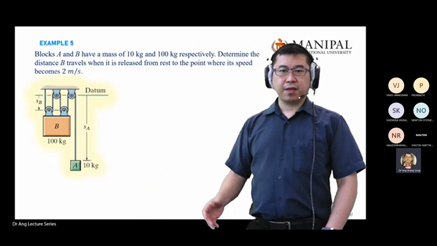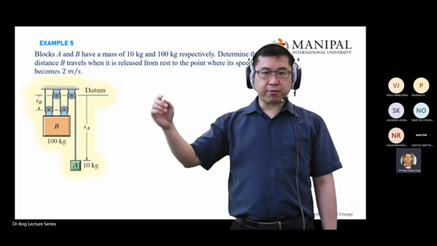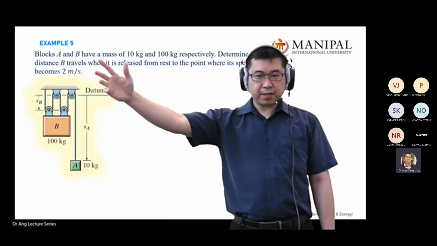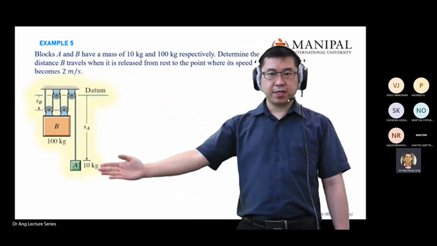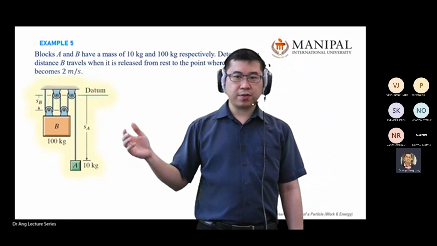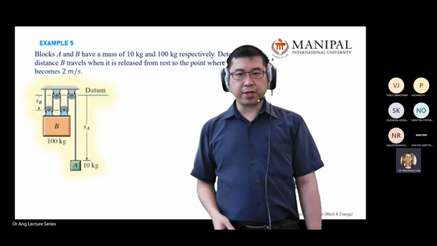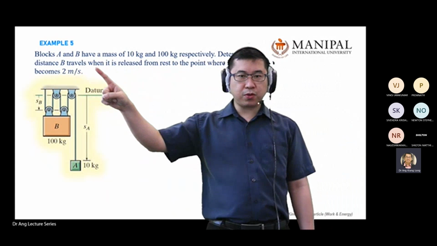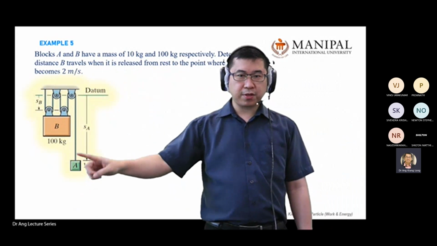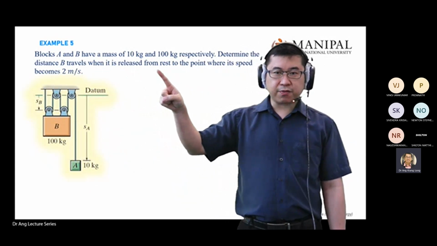Okay, right. Then you come back to the statement. Most of the time it will give you the mass information. So mass is so and so, even in the diagram already given. It asks you to determine the distance B travels when it is released from rest.